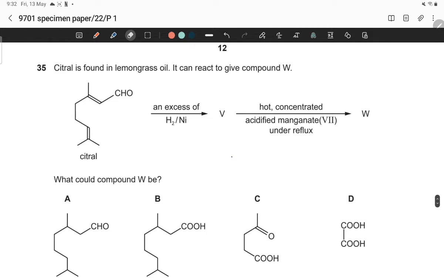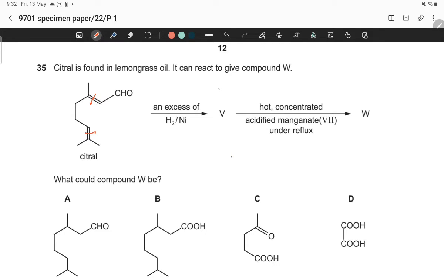So this is citral. Citral is found in lemongrass oil. It can react to give compound W. With an excess of H2, it could be saturated, the double bonds break.